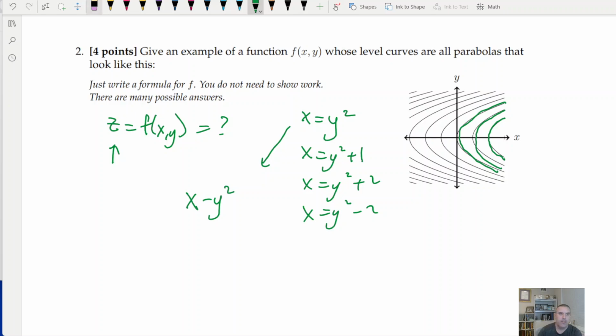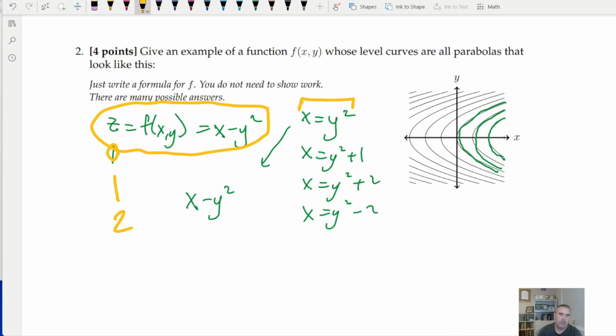So it was kind of an open-ended question somewhat. But now what happens? If I replace z with 0, I get exactly this. If I replace z with 1, I actually get a negative 1, but that's fine. If I put z with 2, so that's what whoever wrote this question was after. There's a lot of other correct answers.